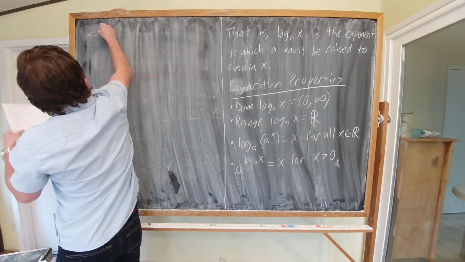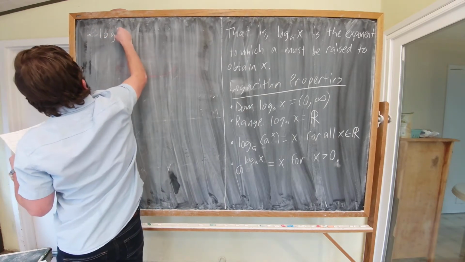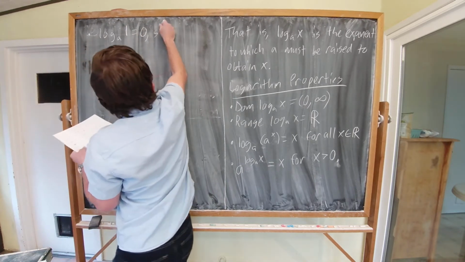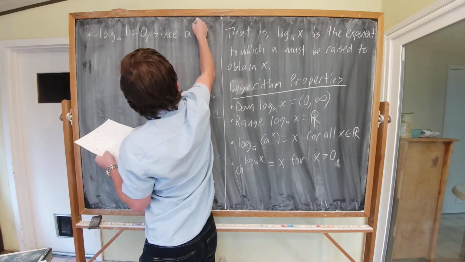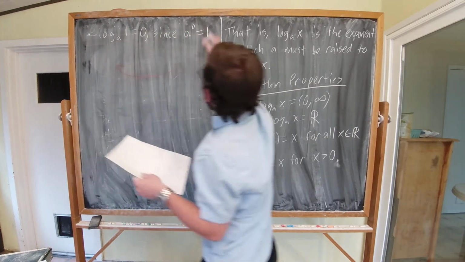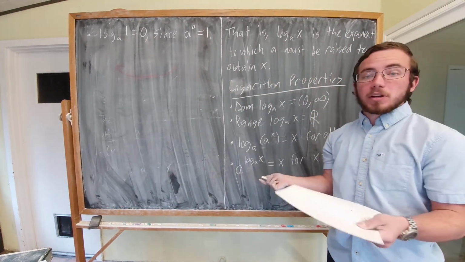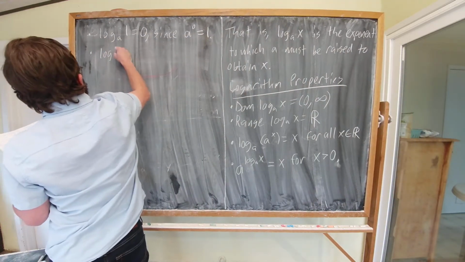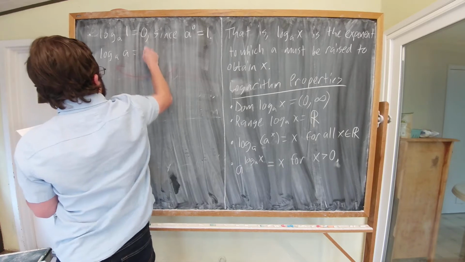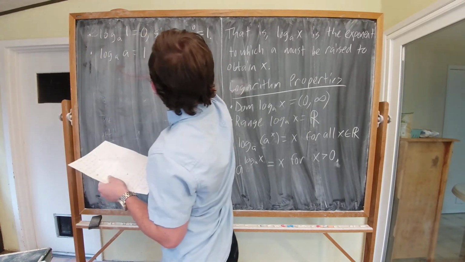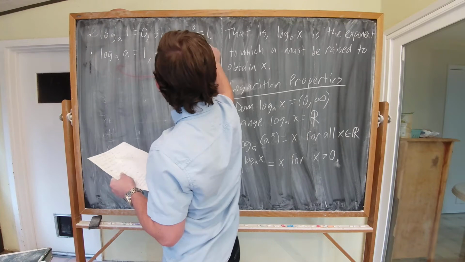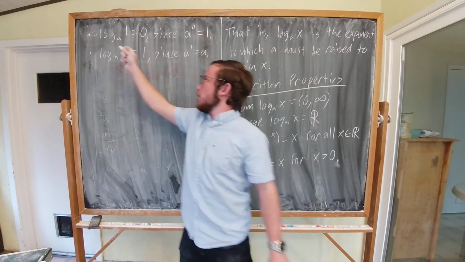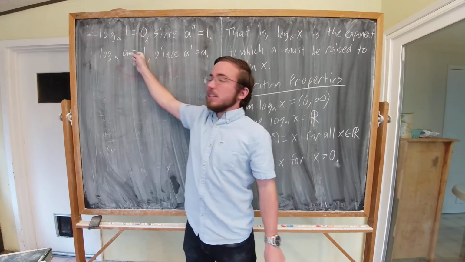For instance, log base a of 1, no matter a, is equal to 0, since a to the 0th is always equal to 1. Also, log base a of a is equal to 1, since a to the first power is equal to a. Because a to the 1 is equal to a, we get that the log base a of a is 1.